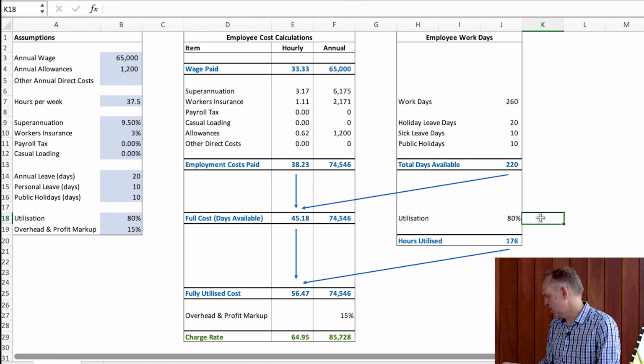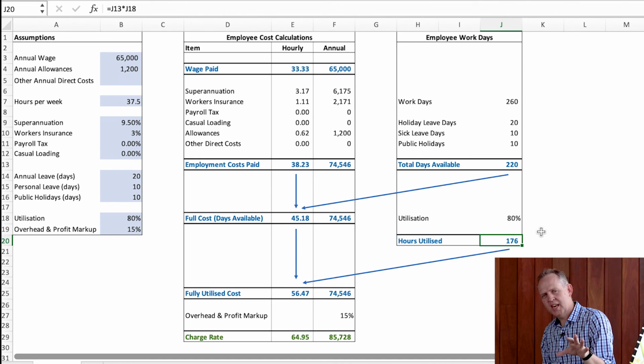It's also, on the flip side, one of the areas of a business, if you can have high utilization of your staff, you'll drive much better profitability. In understanding utilization, then we've got 80%. So that means of the 220 hours that they're working, using that 80%, only 176 of those hours are actually doing revenue producing work.